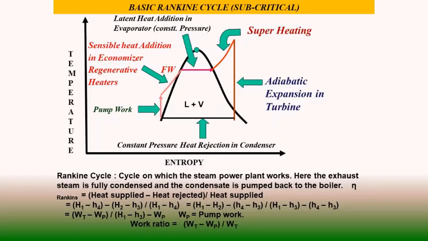As we find in the basic Rankine cycle operating in the subcritical regime, the heat addition to the water takes place in three distinct phases: sensible heat gain, latent heat addition, and superheat addition. All these heat additions take place at constant pressure.